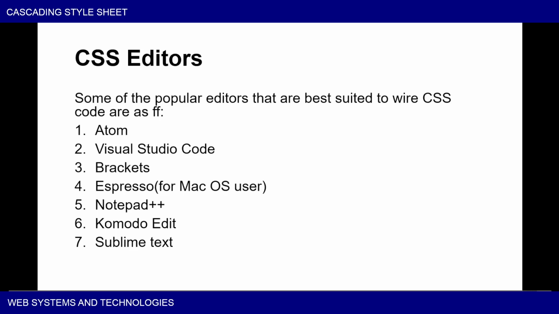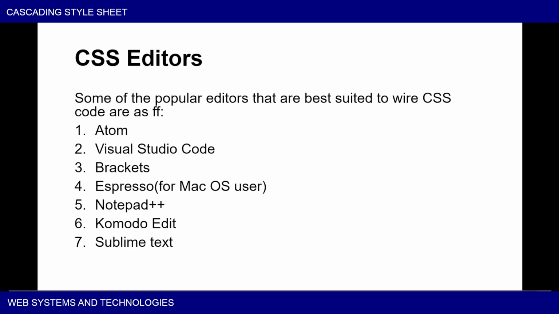And then you can use Brackets, Espresso for those who are using Mac OS. And for Windows, there is Notepad++. It's like a Notepad, but upgraded a little bit with some color and numbering on the lines. And then we also have Komodo Edit and Sublime Text.